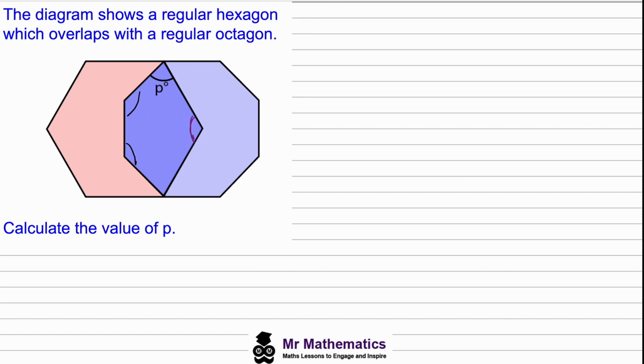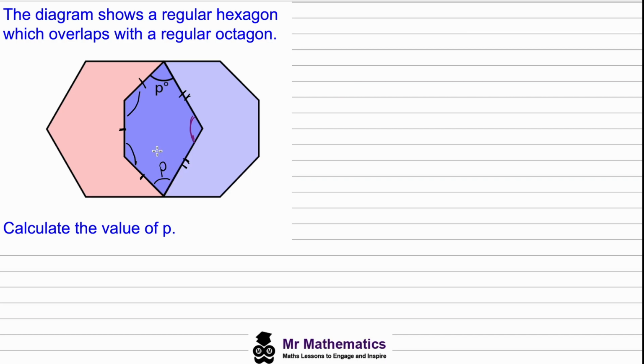We also know that this side is the same length as this side and this side, again, because they're the sides in a regular octagon. And this length is the same as this one, because they're inside a regular hexagon. And because these two are equal and these three are equal, this angle P will be the same as this one.